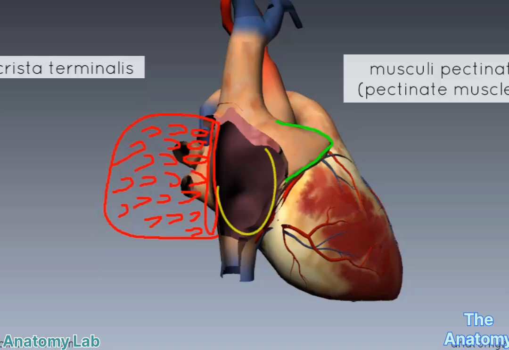So you've got this smooth posterior wall which is formed from the embryonic sinus venosus, and in the adult it's known as the sinus venarum. Then you've got this line of union internally, called the crista terminalis, which is a smooth muscular ridge. And anteriorly you've got the ridged muscular wall, the pectinate muscles on this anterior wall, which extend into the right atrial appendage.